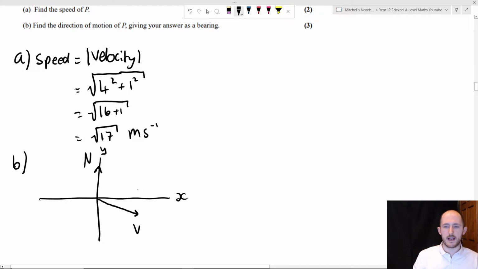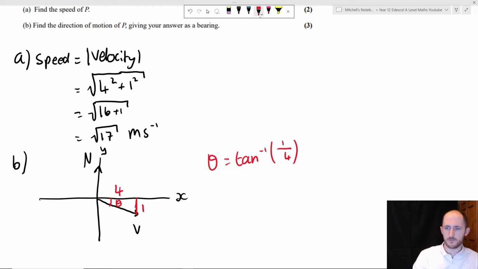So again, we're working out an angle. And we're just going to add 90 degrees to it. So that is 1, and this is 4. So we're working out this angle here. So theta is equal to, once again, inverse tan of opposite over adjacent, so 1 over 4.